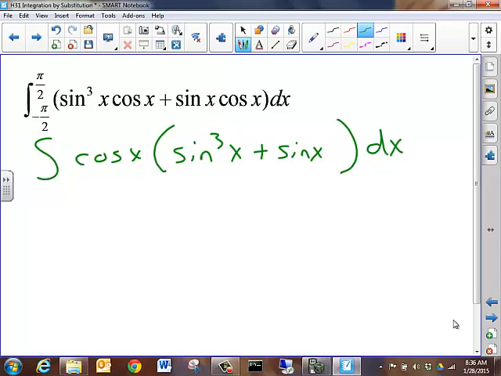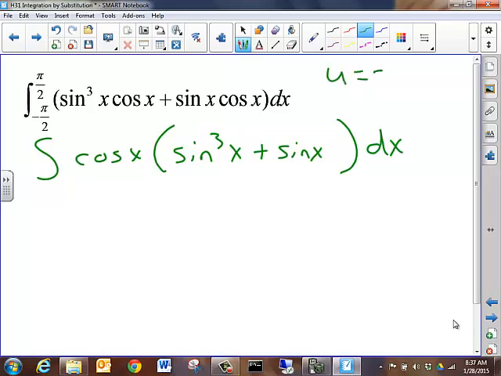Anyone want to state why they think it's best just to pull out the cosine? Or why they think they should pull the cosine and the sine? Okay. What did you choose for your u?